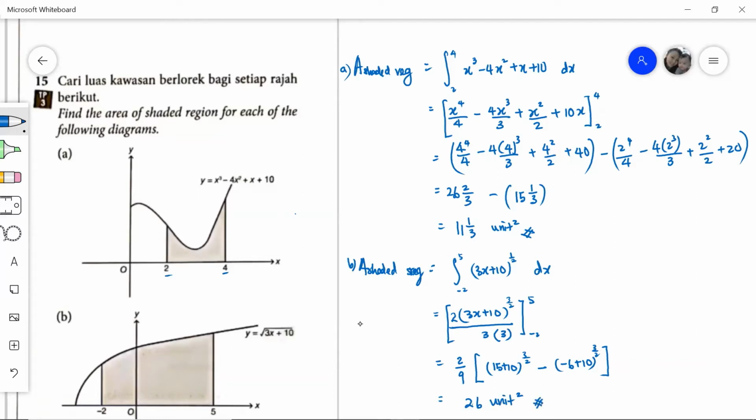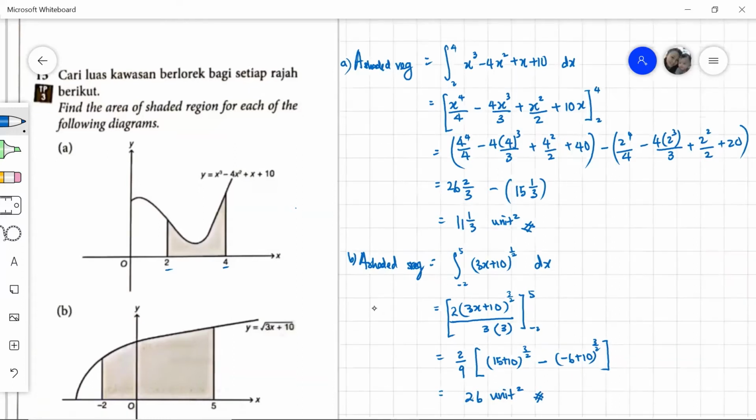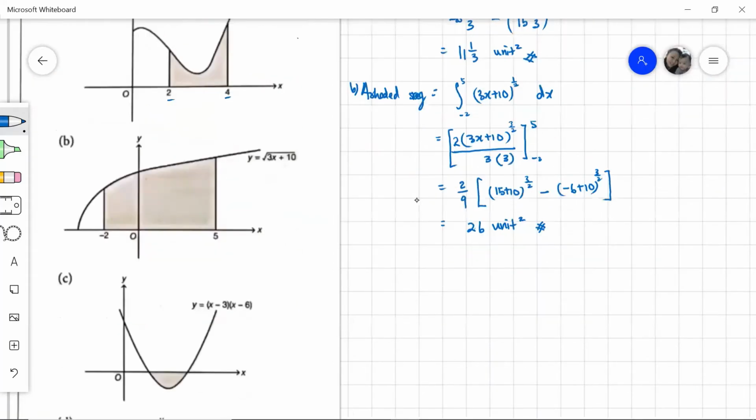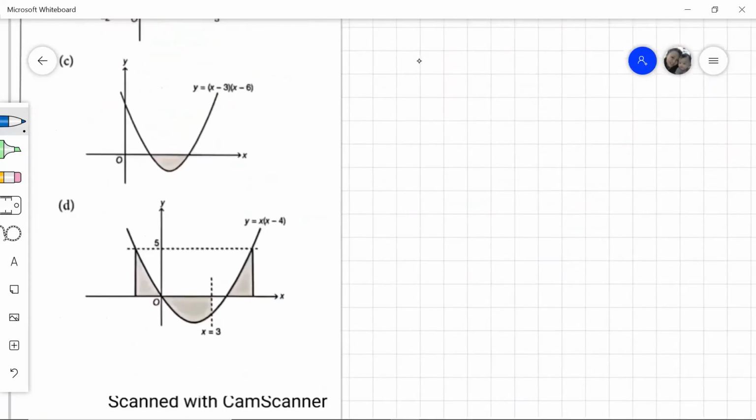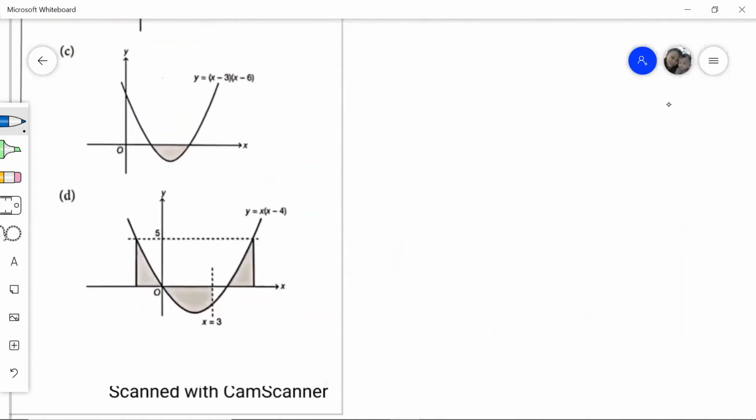Okay, so this is question B. Next, let's move on to part C. To find the area of the shaded region, this one we have to put the modulus symbol, because every region above the x-axis we will get positive, and anything below the x-axis we will get negative to indicate that it is below the x-axis.